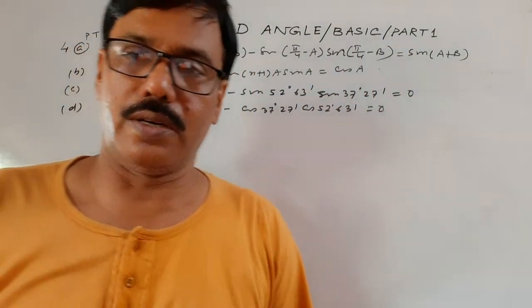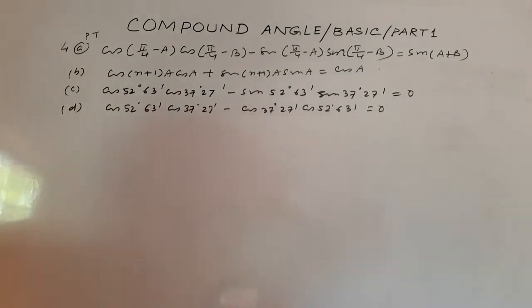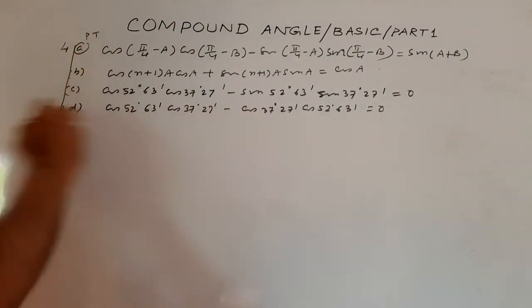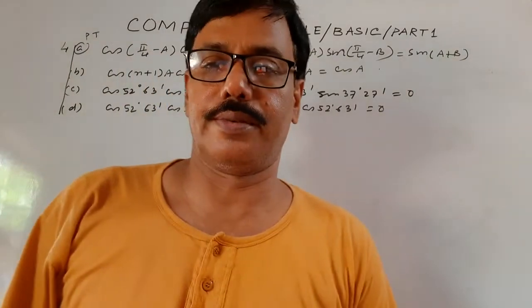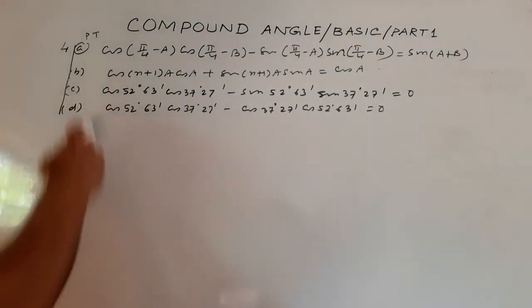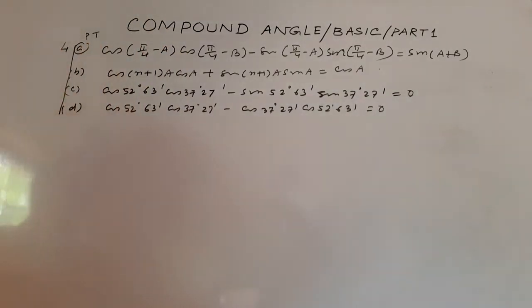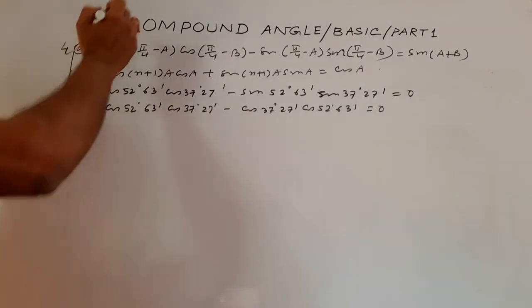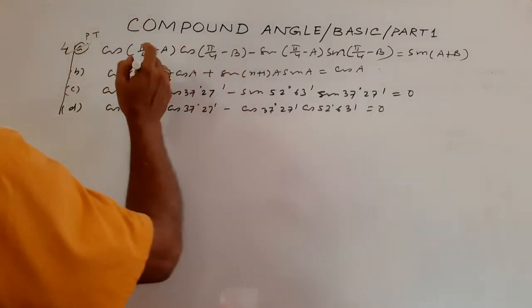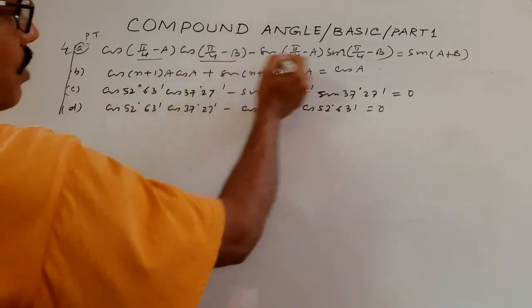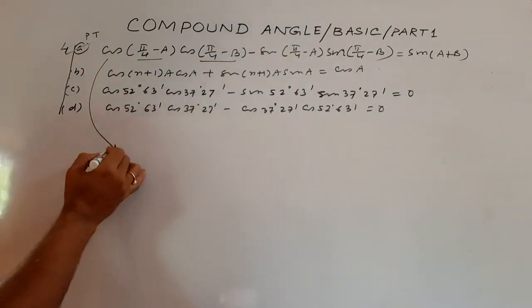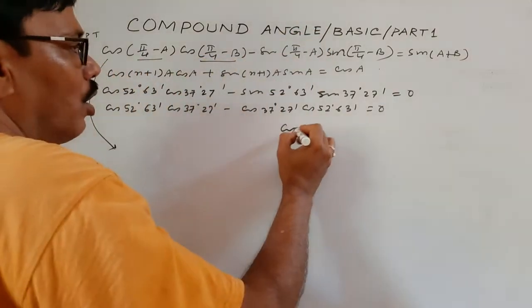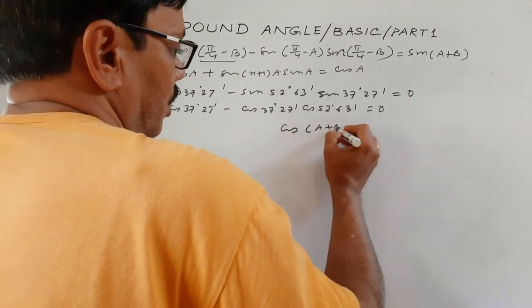Now we consider the same type of basic problems, for A, B, C, D. One problem is sufficient. Suppose for A, cos A cos B minus sin A sin B. So what is the formula of cos(A plus B)?